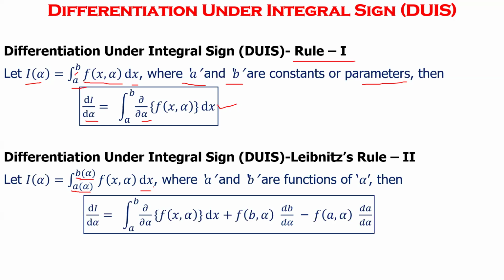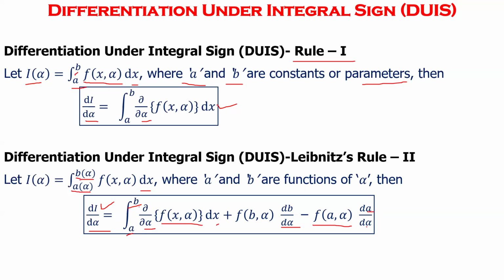Then the derivative of I with respect to alpha is equal to the integration of the derivative of f of x, alpha with respect to alpha under the limit a to b with respect to x, plus f of b, alpha into the derivative of b, the upper limit, with respect to alpha, minus the functional value of the given function at the lower limit, f of a, alpha into the derivative of lower limit a with respect to alpha.